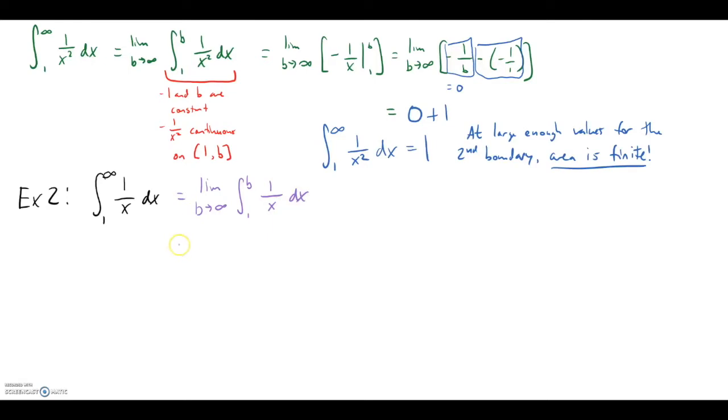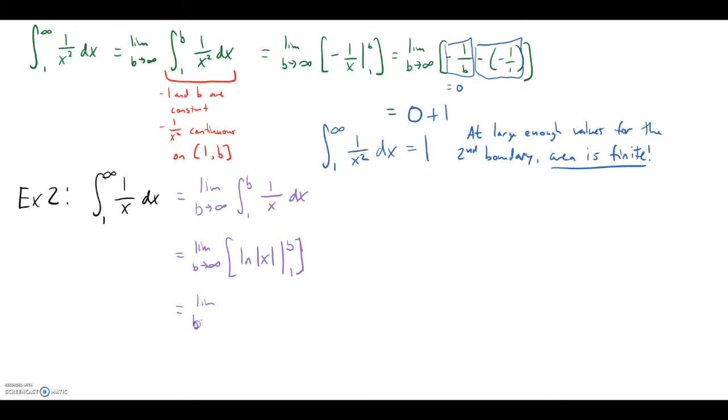The function now has constant boundaries, and 1 over x is continuous from 1 to larger values of x, so we can evaluate this as a limit as b approaches infinity for our antiderivative, which in this case is natural log of x, evaluated from 1 to b.